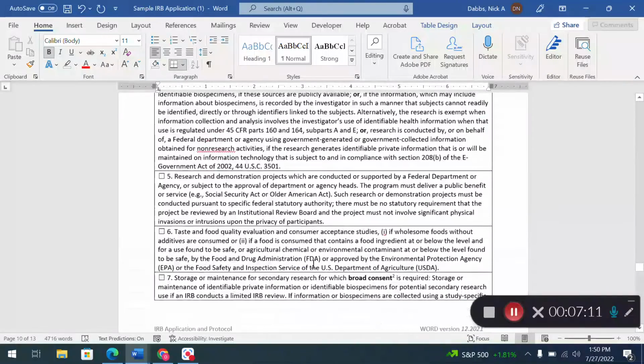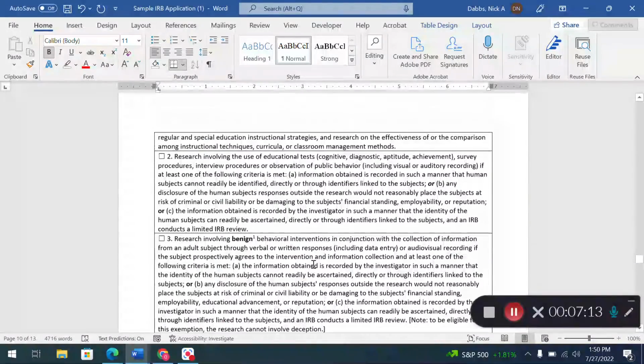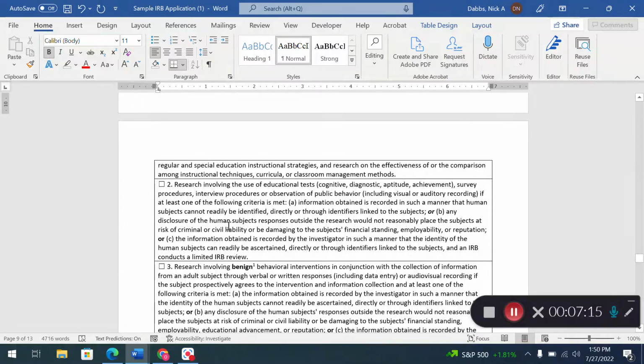I won't read through all of these, but what I will say is I think ours potentially falls into exempt category 2, which has research involving the use of educational tests, survey procedures, interview procedures, or observation of public behavior, including visual or auditory recording, if at least one of the following criteria is met.